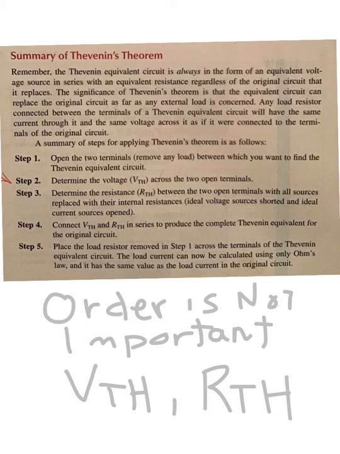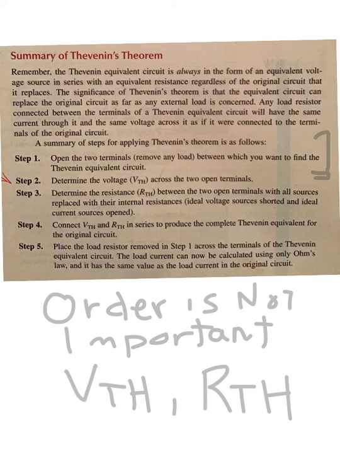Okay, so if you take a look at this, it came straight out of your book. The summarizing steps are as follows. And the first thing they do here is come through and ask you to find the Thevenin voltage, but you know that you don't need to. You could go to step 3 first and find R Thevenin.